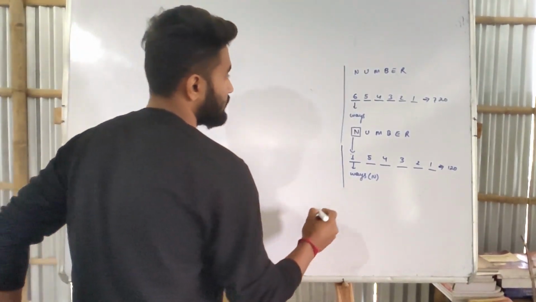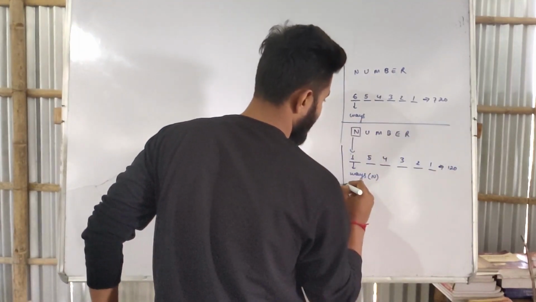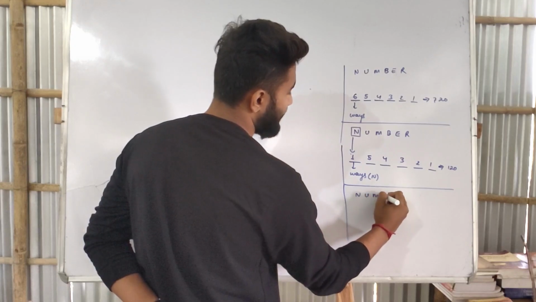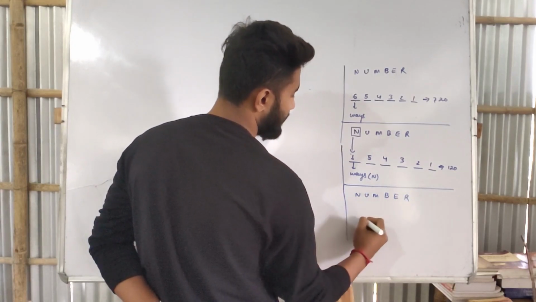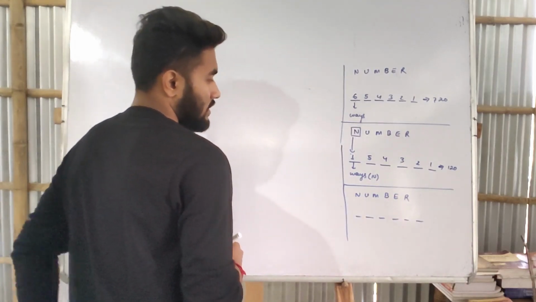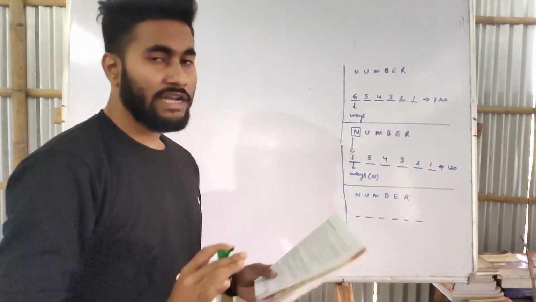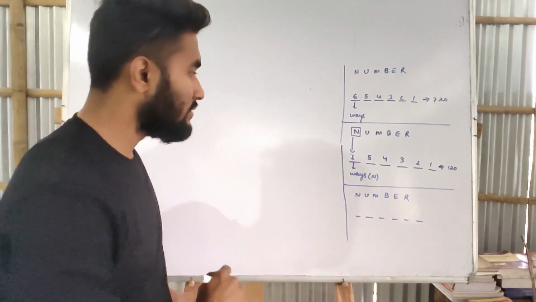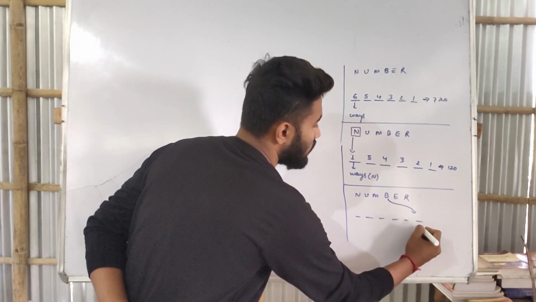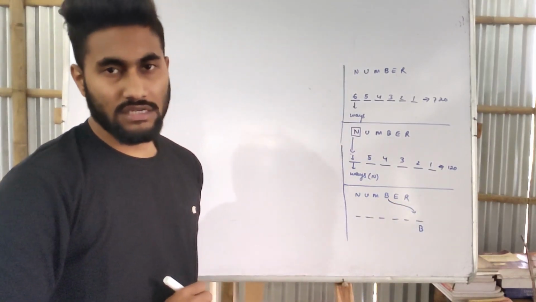First, the basic one. The word is again N, U, M, B, E, R: 1, 2, 3, 4, 5 and 6. It is said do not end in B, so at first you find words that end in B. If the word ends in B, only B can sit here, right?